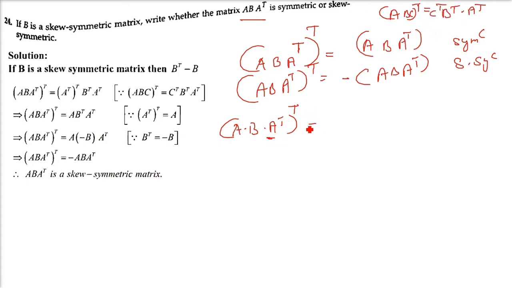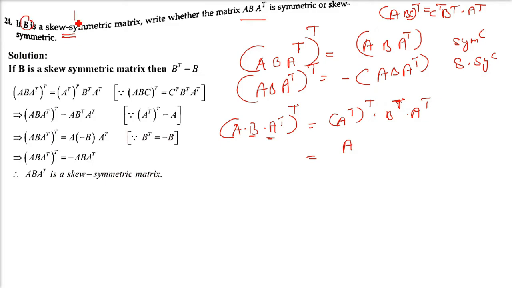So first the transpose of A transpose, then B transpose, then A transpose. The transpose of a transpose is the original matrix. If you take the transpose of a transpose, row to column and column to row, the same matrix will come, so A will come. This B transpose is given in the question as skew symmetric.